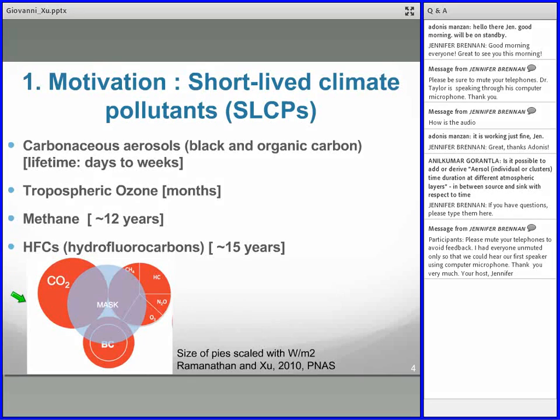That's the energy perturbation due to the addition of each individual component. And we see the combined heating effect from those short-lived species can be as large as CO2. So it's not sufficient to just focus on CO2 for the climate change mitigation problem. We need to better understand those short-lived pollutants as well.